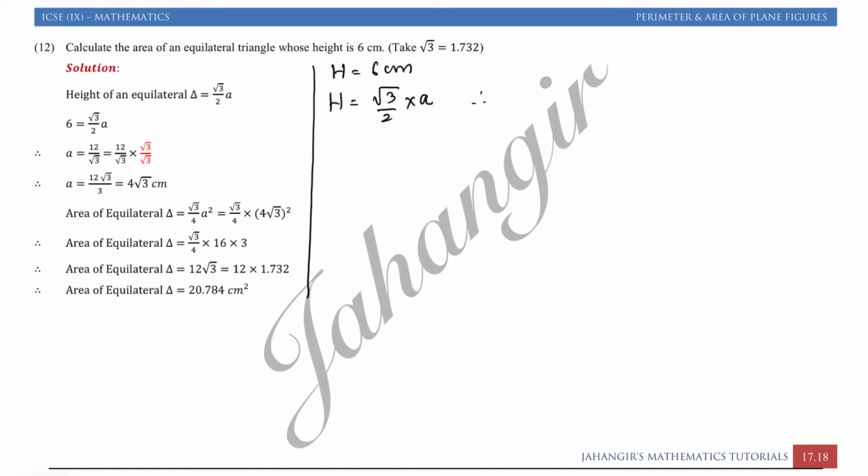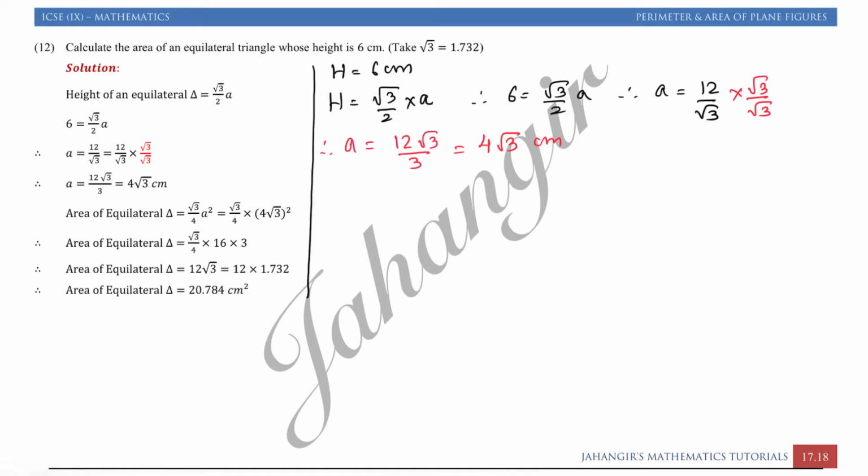So therefore 6 is equal to root 3 by 2 a. So therefore a is equal to 12 upon root 3. You have learned how to rationalize the denominator, root 3 upon root 3. So therefore side is 12 root 3 by 3, that comes out to be 4 root 3 centimeter. Do not put the value of root 3 as of now, we will find it later on.